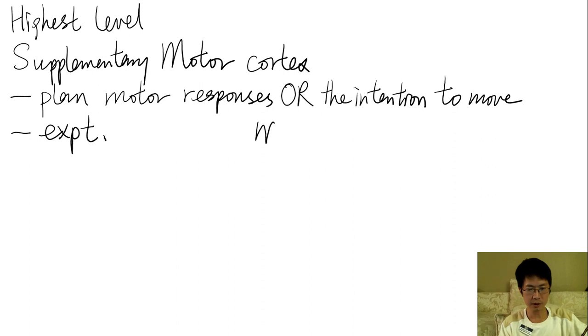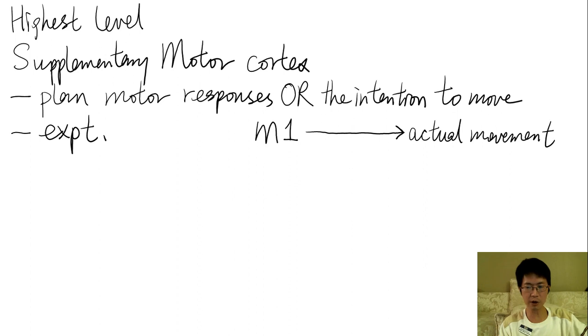Your M1 becomes active, guess what, before you have the actual movement. That makes sense, right? Because we have the cortical spinal tract, which connects your M1 to your spinal cord and then to your peripheral.